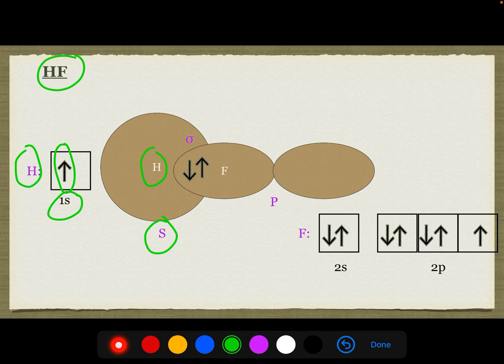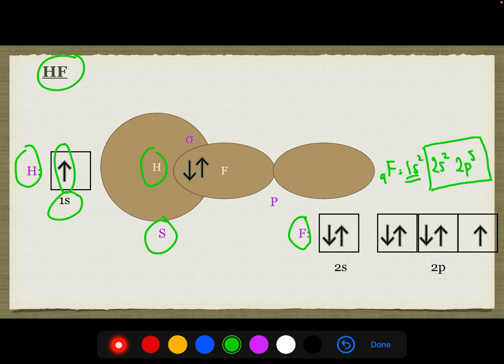Okay, and then for fluorine, remember that the electronic configuration of fluorine ada 9 elektron. Dia ialah 1s2, 2s2, 2p5. Okay, so kita tak perlu ambil yang ni. Kita ambil yang valence electron saja. Sebab yang valence electron sahaja yang akan terlibat dalam kita punya overlapping.